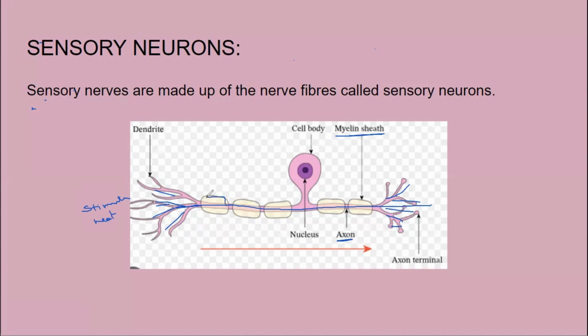This myelin sheath is making sure that the impulse will move in the correct direction. It will not disperse here and there. Not only that, it is acting as an insulator and providing optimum temperature for the enzyme activity. Our neurons have got lots of mitochondria because the movement of the impulse needs energy.